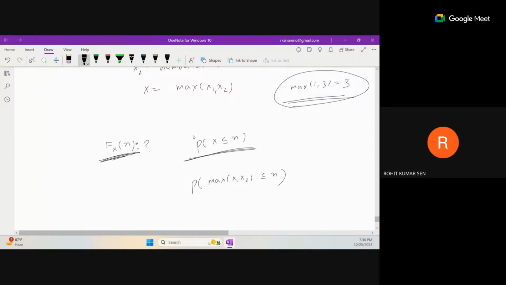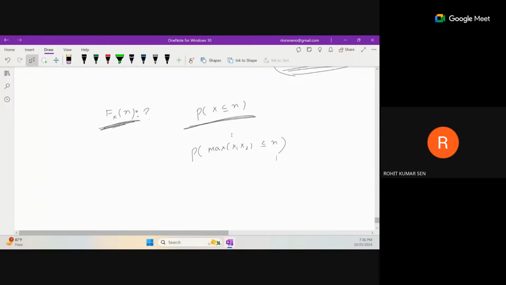Okay, so one thing that you should note is, let's say I have a couple of numbers here, 1, 2, 3, 4, and I am finding the max. If this number is lesser than x, this number is lesser than x, and so on, then the max of these numbers will also be lesser than x. If each is lesser than or equal to x, then the max also will be lesser than or equal to x, right?